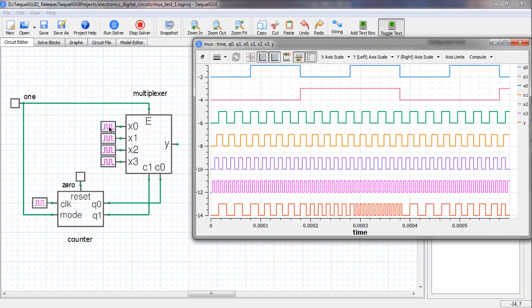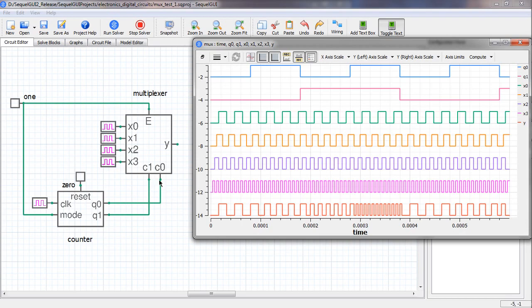These correspond to our input lines I0, I1, I2, I3 of the multiplexer. x0 is here, it's a square wave with a certain frequency. x1 is also a square wave with a higher frequency. x2, the frequency is still higher, and x3 is even higher. So these are the 4 input signals.